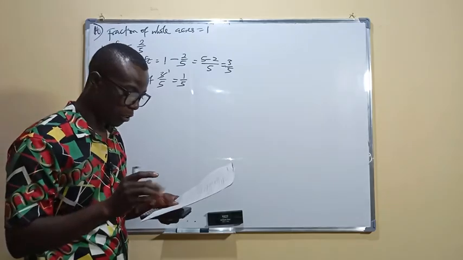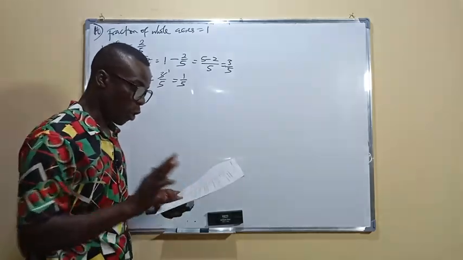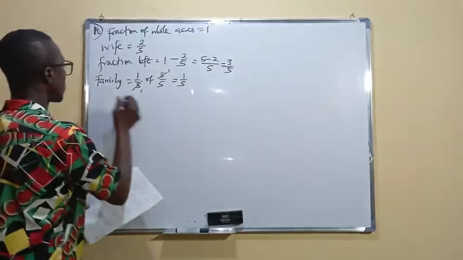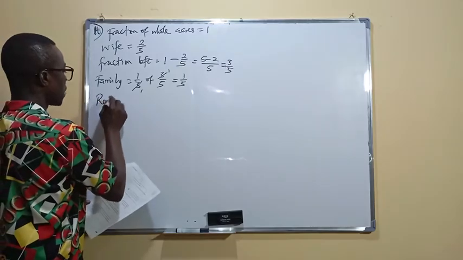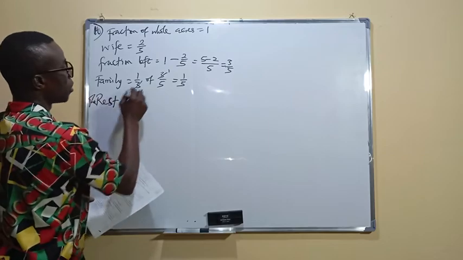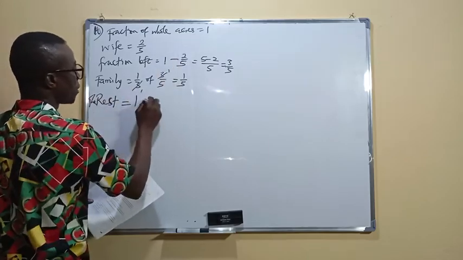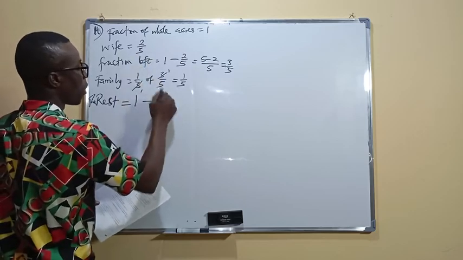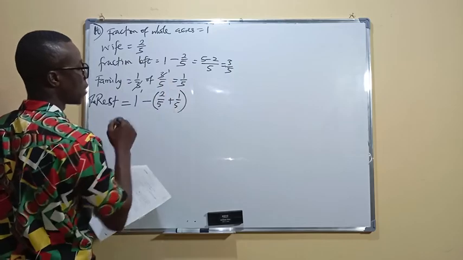Now the question went further to say the rest of the farm was to be shared among his 3 children. So let's see what is left. The fraction of the rest will now be 1 minus, in bracket, the fraction given to the wife plus the fraction given to the family.